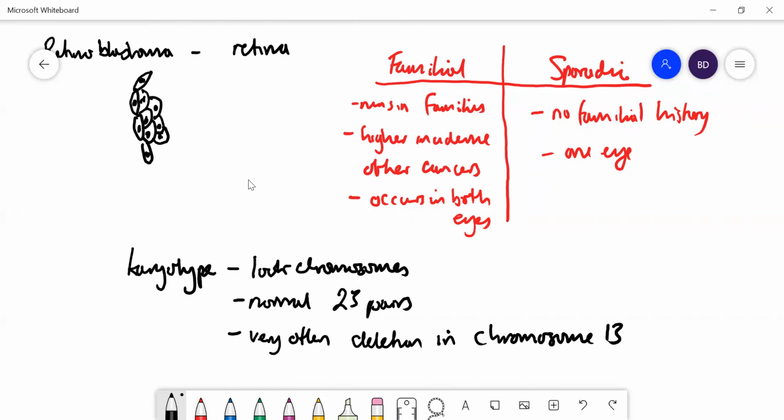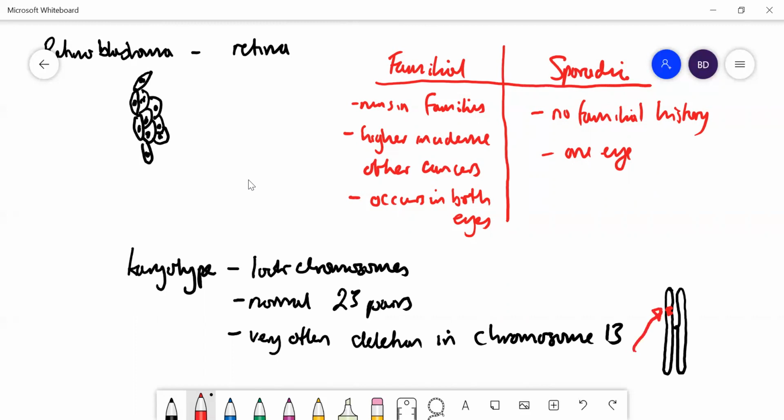So, if you have your chromosome 13 and there is a little bit of it missing, those are two chromatids, there's a little bit of it missing in patients with this, it enabled geneticists to home in on this section.